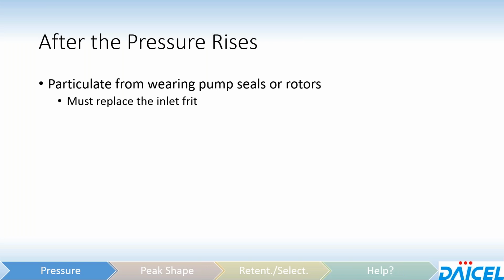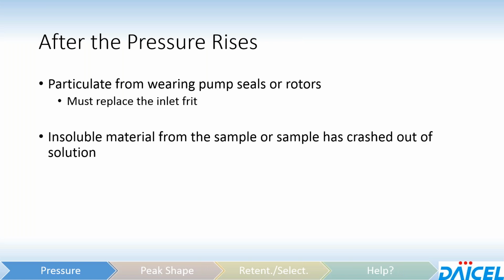Talking about a rubberized material or a plastic material, most of the times the frit needs to be replaced. If you're talking about a prep column, analytical columns, replacing the inlet frit's a little bit more challenging, so you might end up having to replace the column altogether.